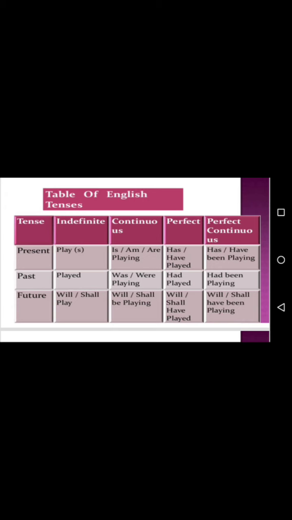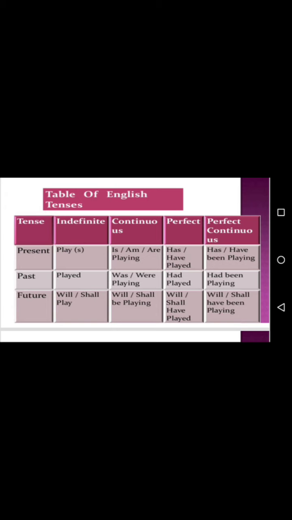Next, the third column is about continuous tense, and below that it is about present continuous, past continuous, and future continuous. In the next column it is about perfect: below the heading is present perfect, then past perfect, and then future perfect.